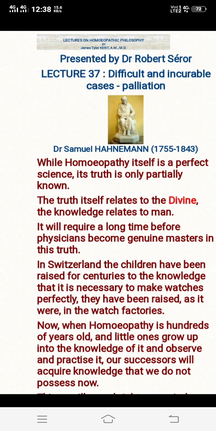Then the next is the disease condition having gross pathology, where there are gross pathological changes present. These are also very difficult cases, and these are incurable cases. In this, there are pathological conditions in which organic change stands in the way of homeopathic treatment, and this can be treated only through surgical intervention.